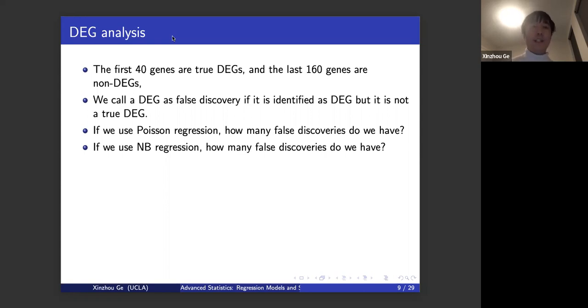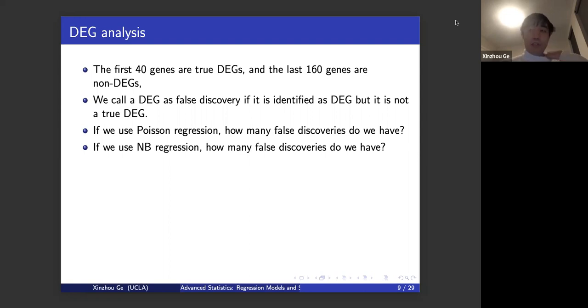As we already know which of them are true DE genes and which are true non-DE genes, we can call a DE gene a false discovery if it is identified as a DE gene, but it is actually not a true DE gene. So in this case, it is a discovery, but it is a false discovery.